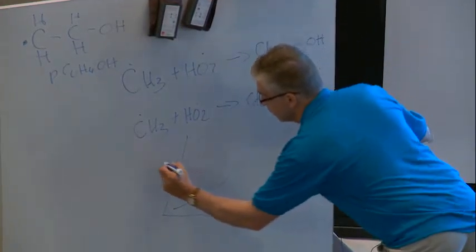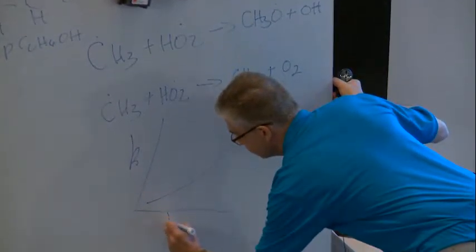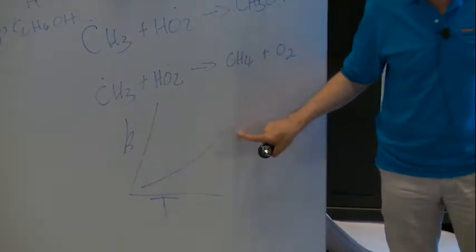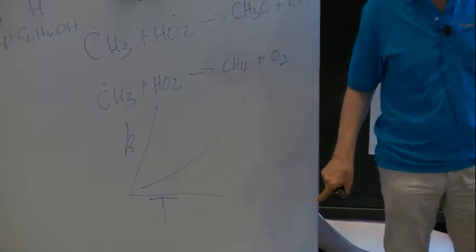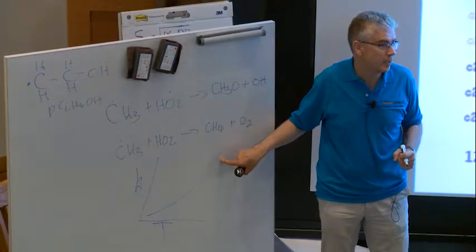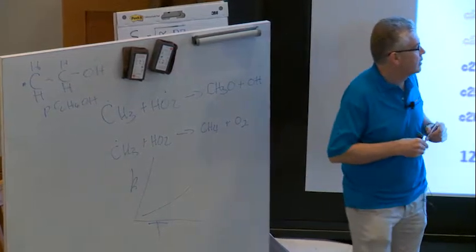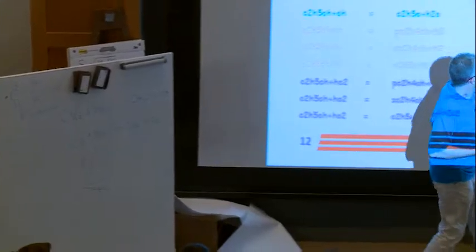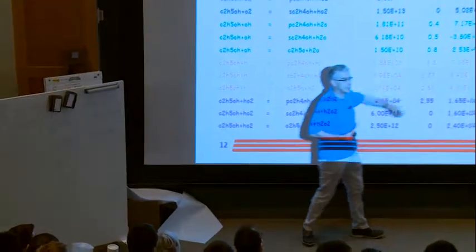But if we look at rate constant as a function of temperature, it's not a straight line, there's strong temperature curvature. And in this case, it's strongly positive, okay?